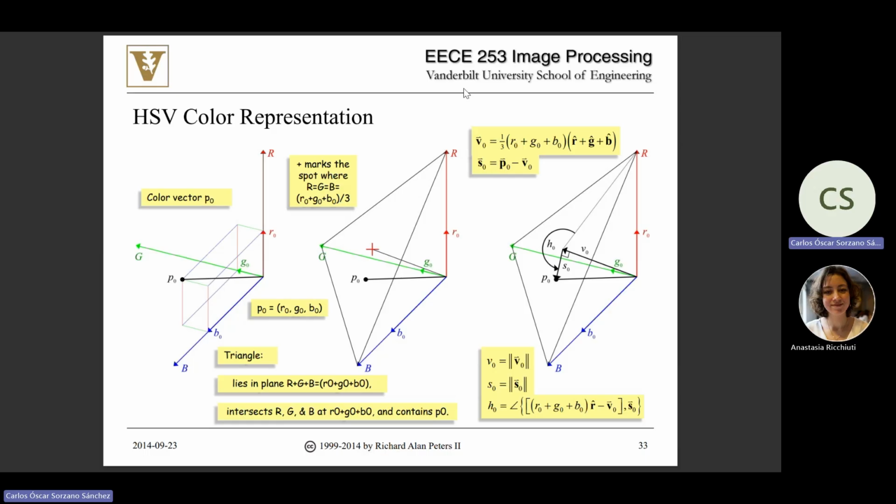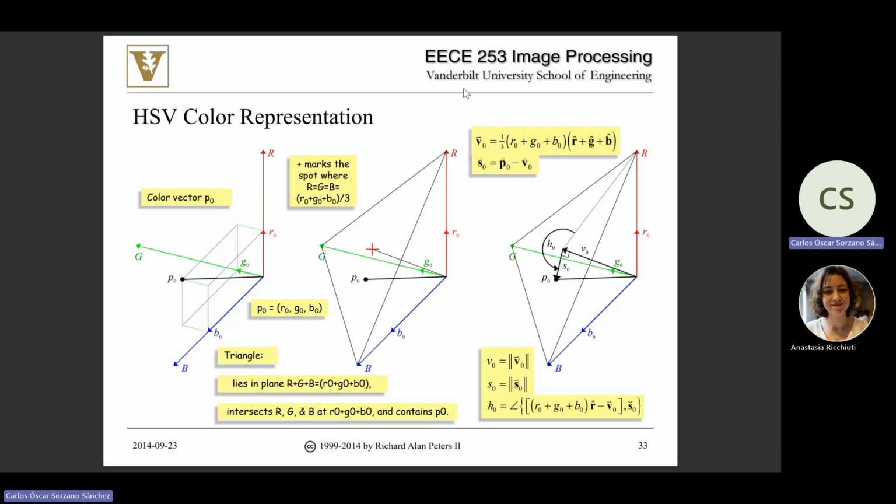So the way to tell you the direction will be: take the gray point. This plane will intersect the red axis at some point, so there is a naturally defined point here. And now I will tell you the angle between this vector and this one.